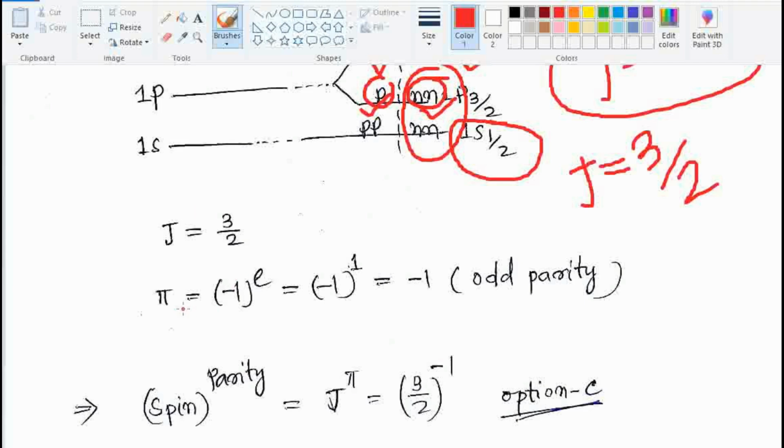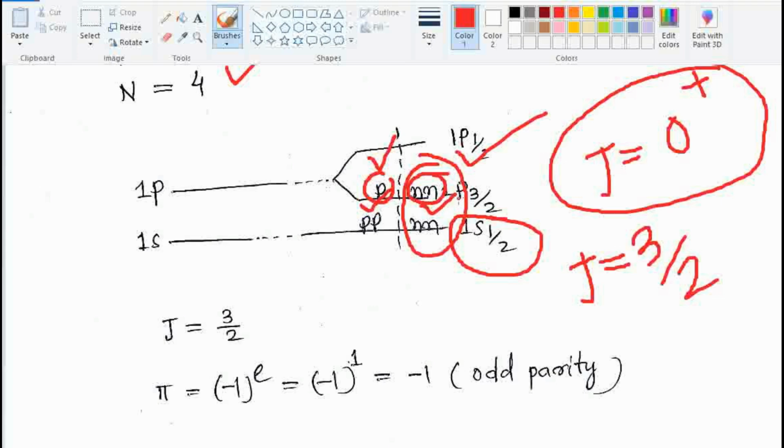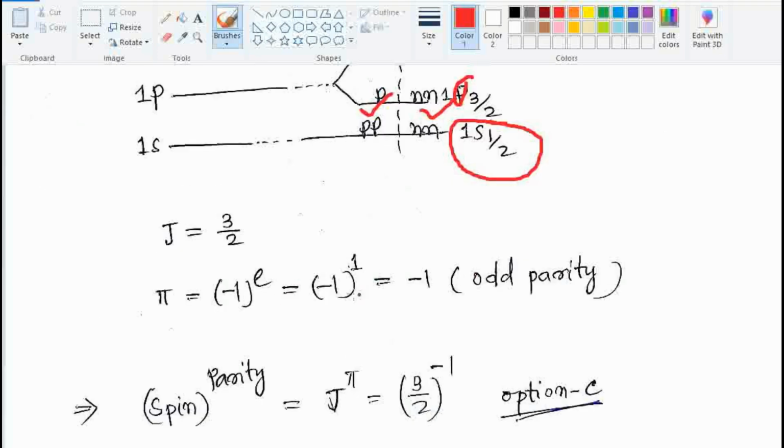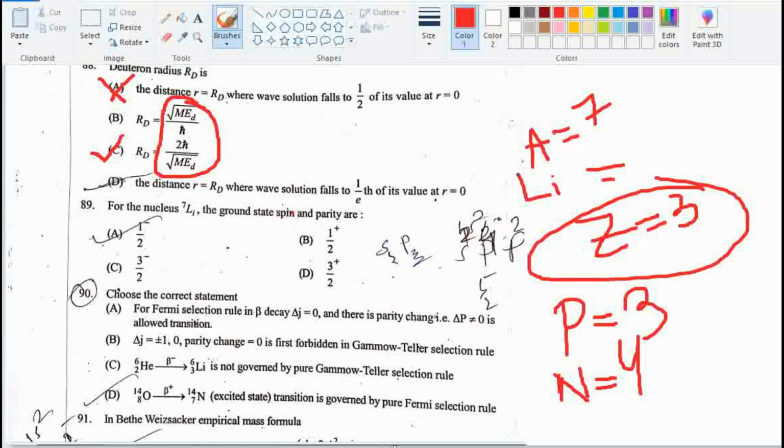What is the parity? Parity is minus 1 to the power L, and the term p means L equal to 1. So minus 1 to the power L gives negative 1, that means odd parity. So the spin parity is 3 by 2 negative. So option C is the correct one.